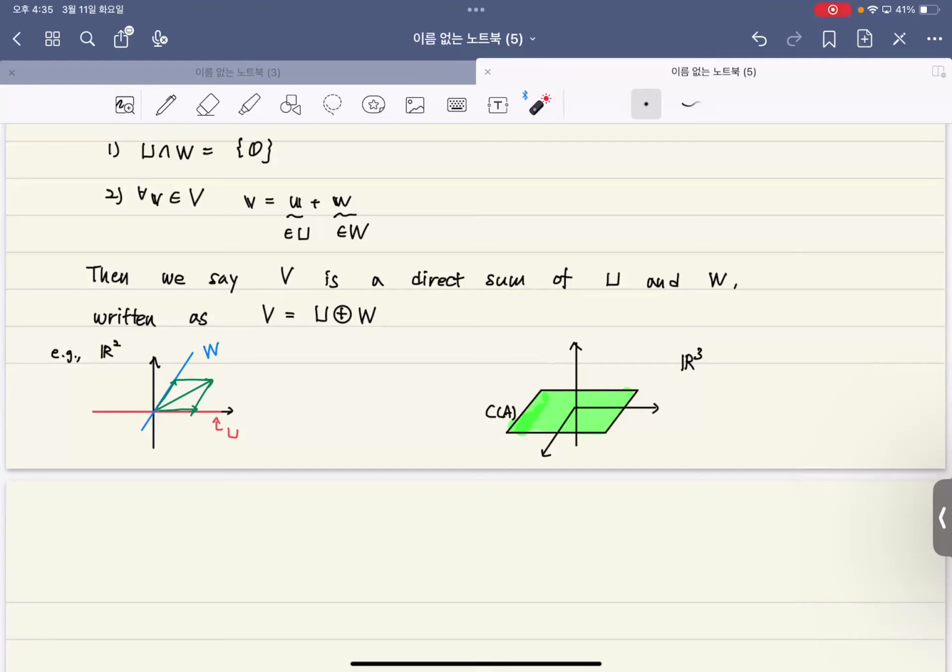Being orthogonal complement is a much stricter condition than just the direct sum. Because the column space and left null space are orthogonal complements of each other, if you can pinpoint one of these two spaces, then you can automatically find the other one. Okay.